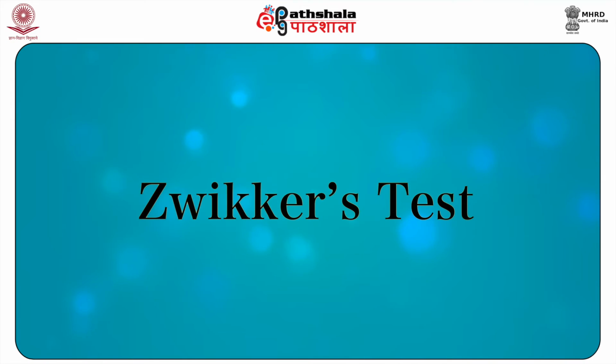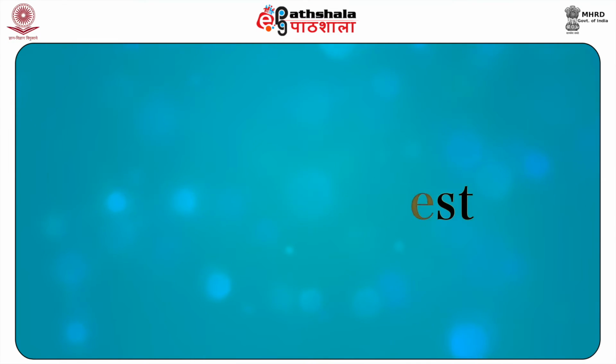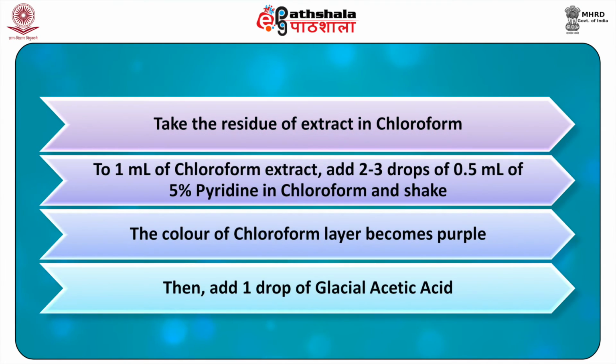Next is the Zwikker's test. In Zwikker's test, the residue of extract is taken up in chloroform. To 1 ml of the chloroform extract, 2 to 3 drops of 5% pyridine are added, and then shaken.